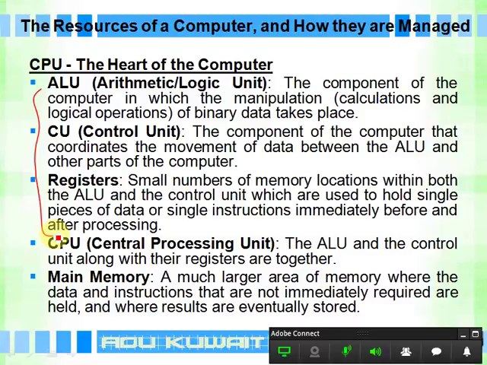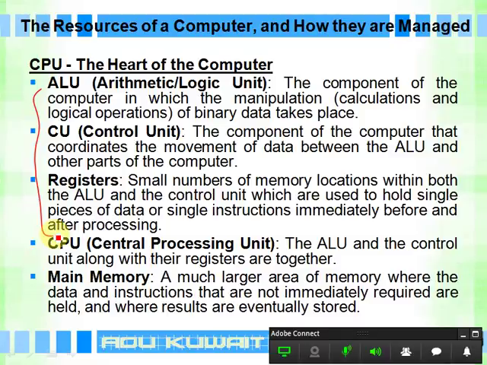The ALU is a component of the CPU, the central processing unit, which manipulates the binary data, doing calculations and all logical operations: adding, subtracting, editing the photo, all is done inside the ALU.